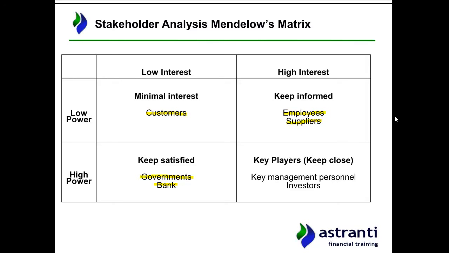And then finally you have the key players who need to be kept close, and in this case we're talking about key management personnel, so the executives or the directors at the top of the company. Any major new projects need to really have buy-in from all the major directors in order for it to be successful. And the same goes for investors. Now, obviously, there are a few investors at Ashworth Lea.